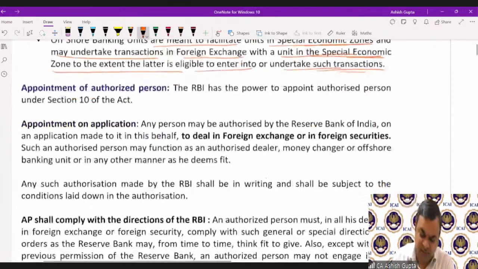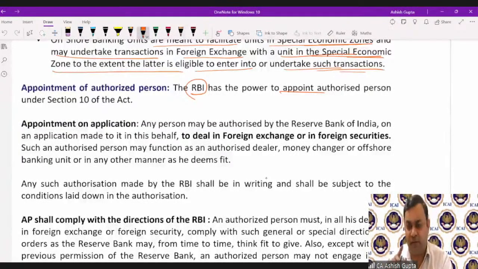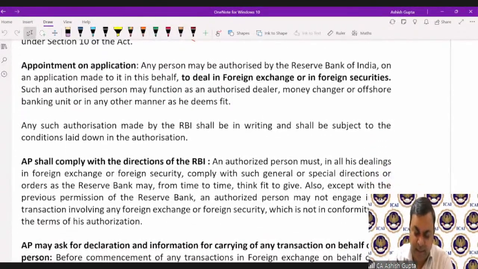Appointment of authorized person. The RBI has the power to appoint an authorized person under section 10. Appointment on application: a person may be authorized by the Reserve Bank of India on an application made on his behalf to deal in foreign exchange or foreign securities.